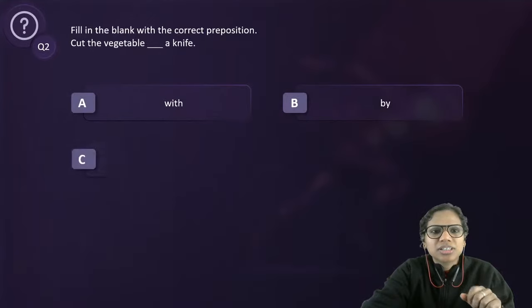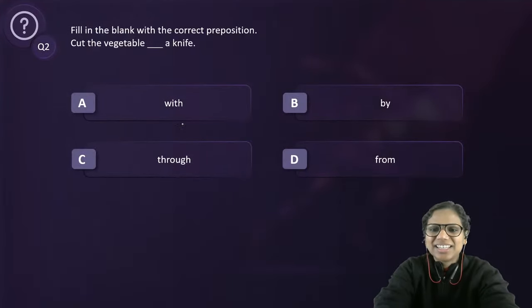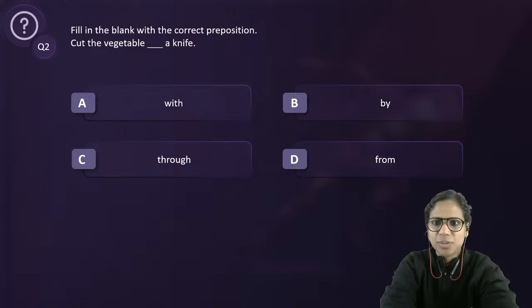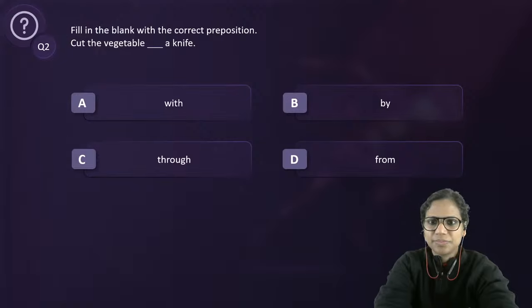Now coming to the second question. Let's see what you say. Can we use in as well?